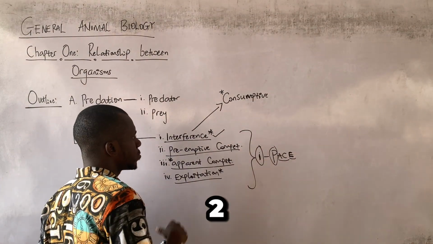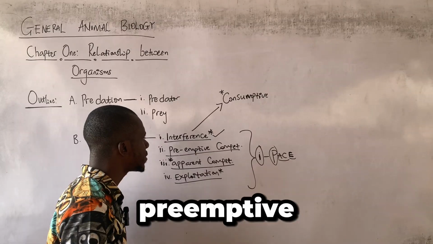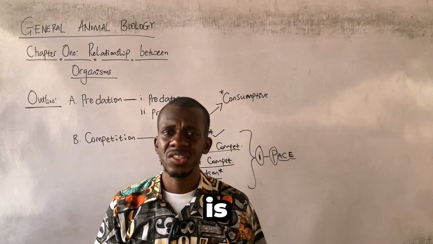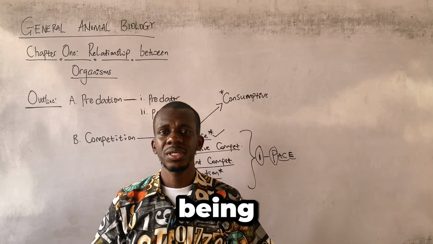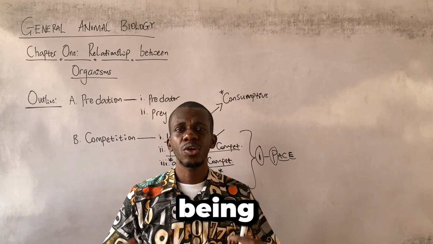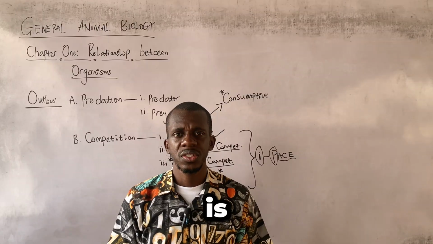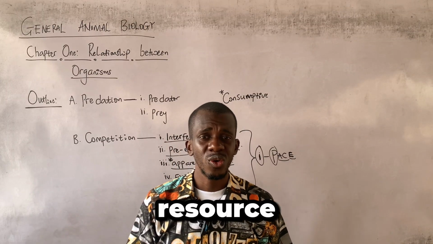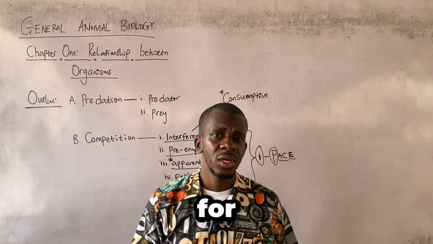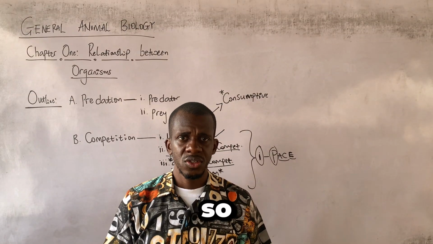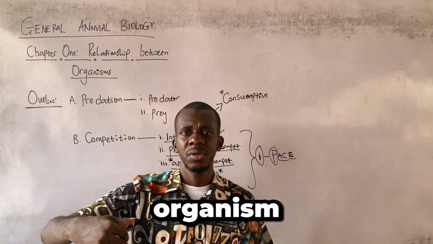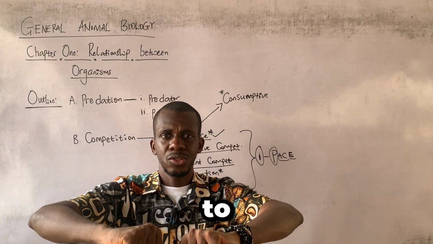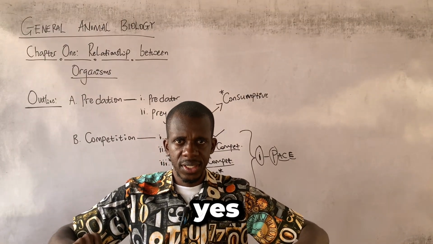Now, number two, based on our order, we have what is called preemptive competition. In preemptive competition, the resource that is being contended for is territory. Please take note of that. So you find an organism coming to a territory first and trying to dominate.